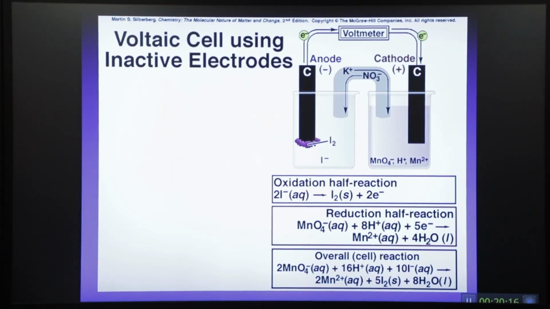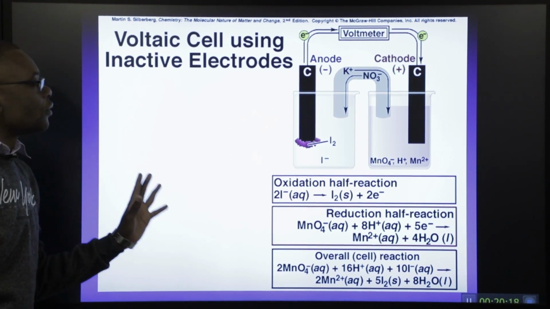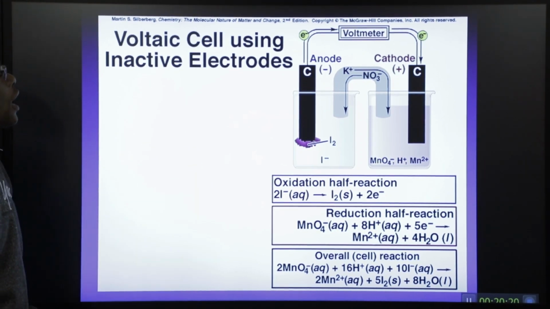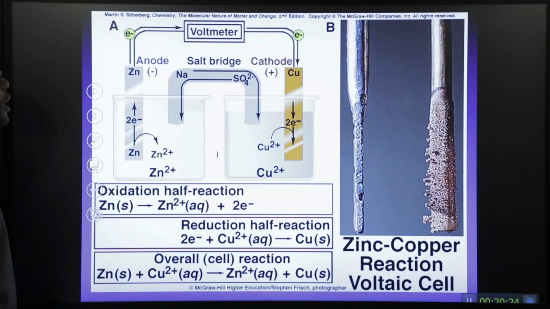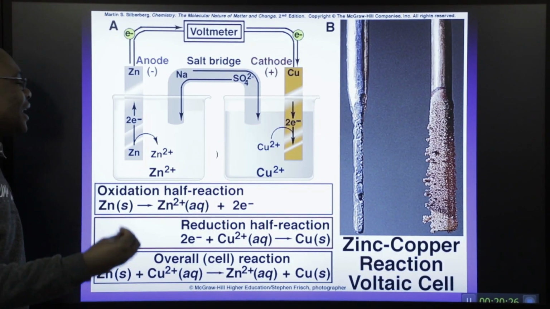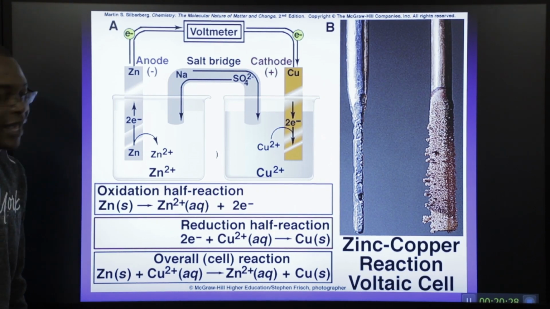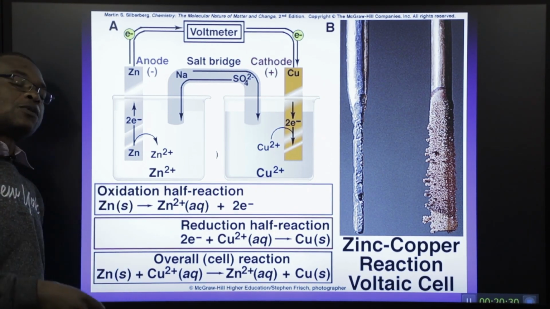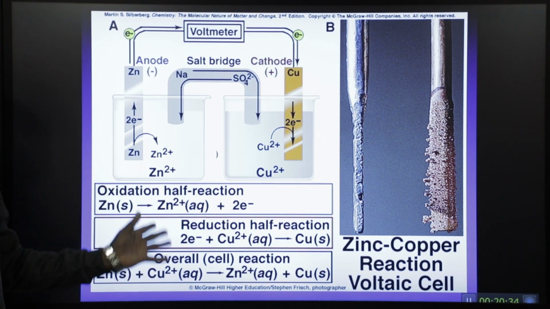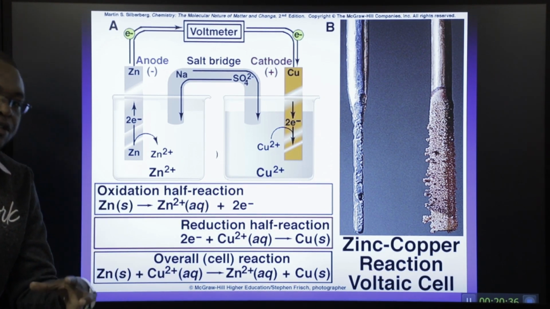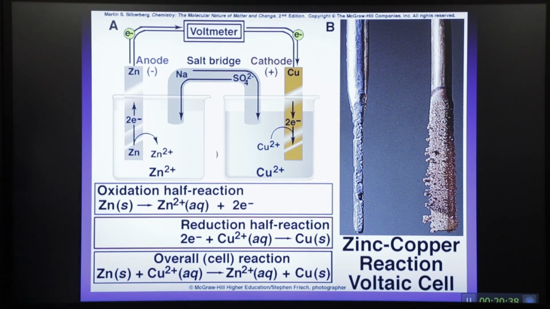So for this voltaic cell, what we have just shown here is a cell in which the electrodes themselves were involved or participating in the reaction. In other words, this is an example of an active cell in which the electrodes are part and parcel of the reaction.